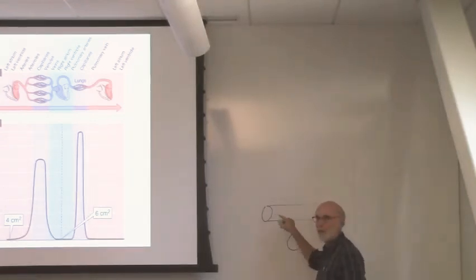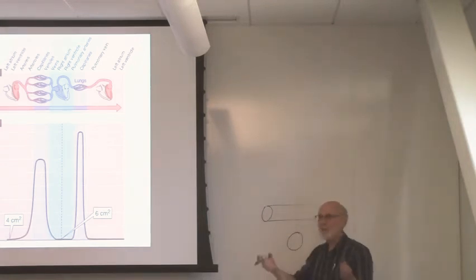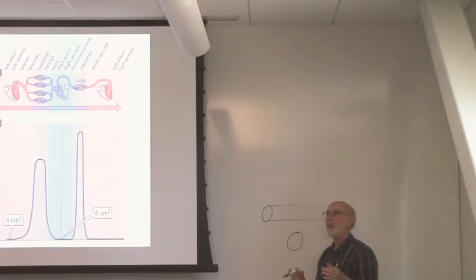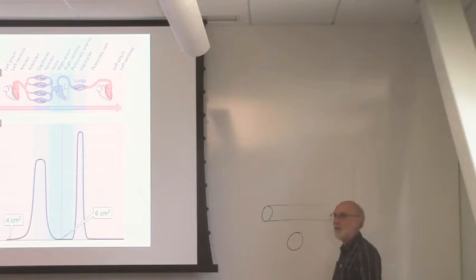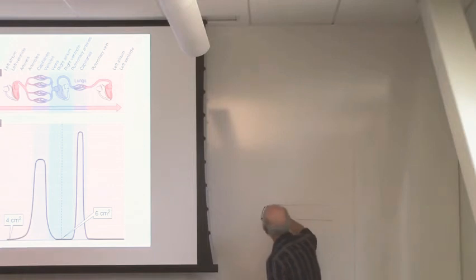You look down the tube, it's a circle. I'm doing this because every year somebody asks, what do you mean by cross-sectional area? I need to walk through this, and I try to make it as straightforward as I can, but I don't mean to insult you by asking what is a circle, but let's just be clear. So what is the formula for the cross-sectional area of an artery? Pi r squared, where r is the radius of the tube.